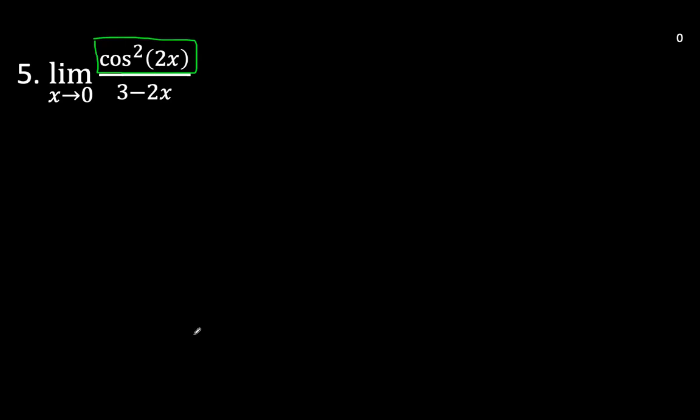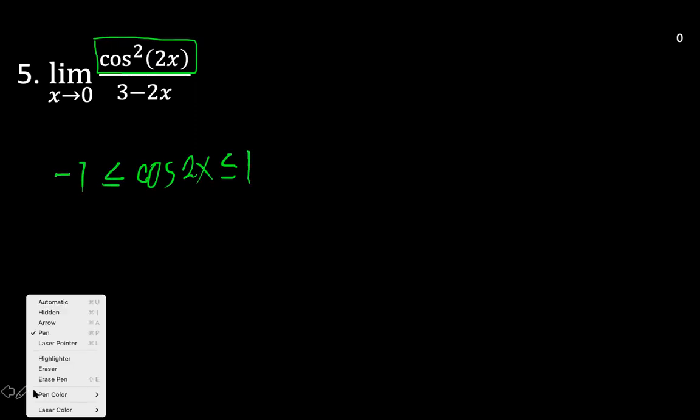All right, but we know that, let's start with cosine. Cosine 2x is less than or equal to 1, but greater than or equal to -1. And how did we get that? That's the property of the trigonometric function cosine, right?